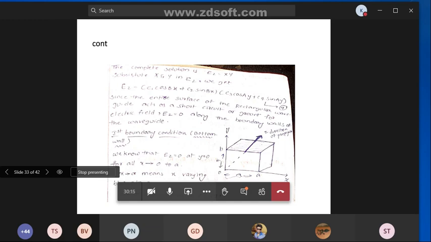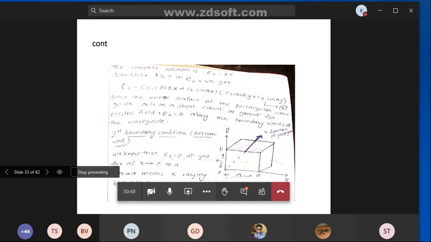So at y equal to 0, for all x from 0 to a, here x changes from 0 to a, right? So try to understand the boundary conditions. If you don't understand the boundary conditions, it is very difficult to understand the total derivation part.